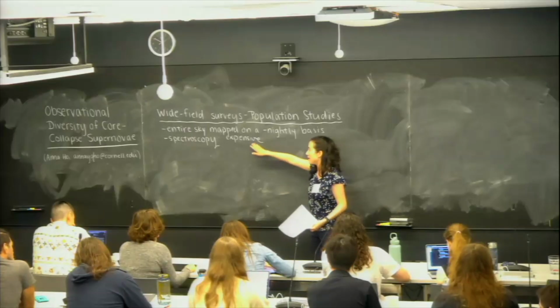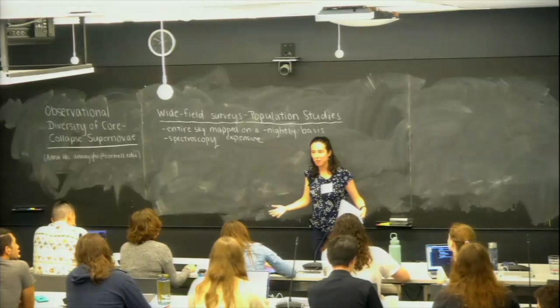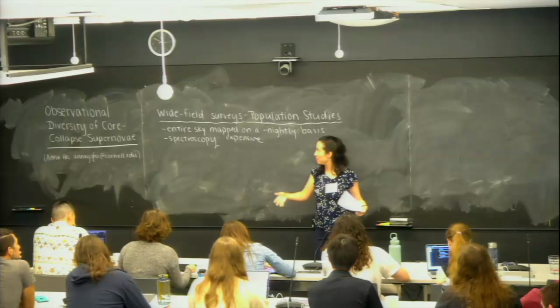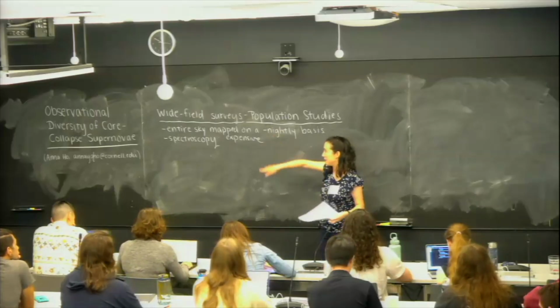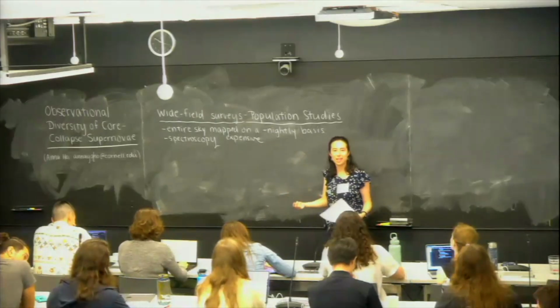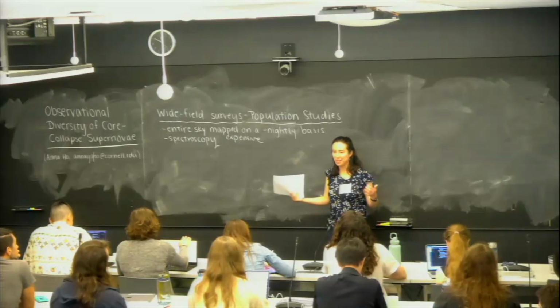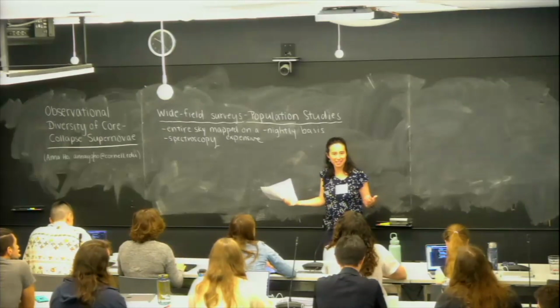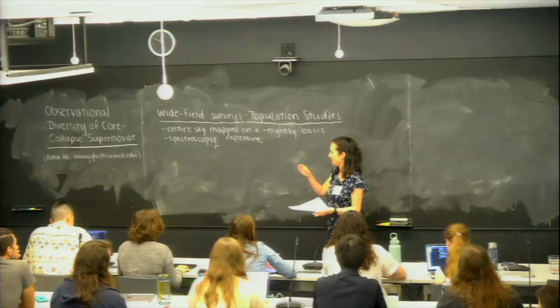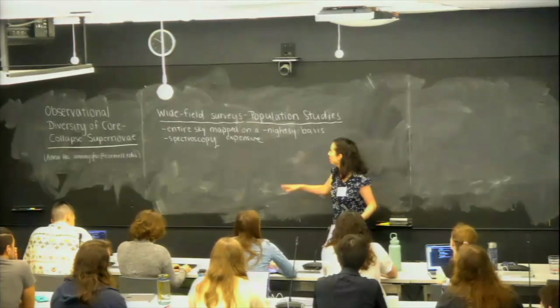A discussion that you've probably heard floating around if you've been in the survey crowd, the LSST crowd, is how do we decide which of these transients we're going to get a spectrum of? LSST will generate 10 million alerts every night. So obviously you're not going to go and take a spectrum of every single one.